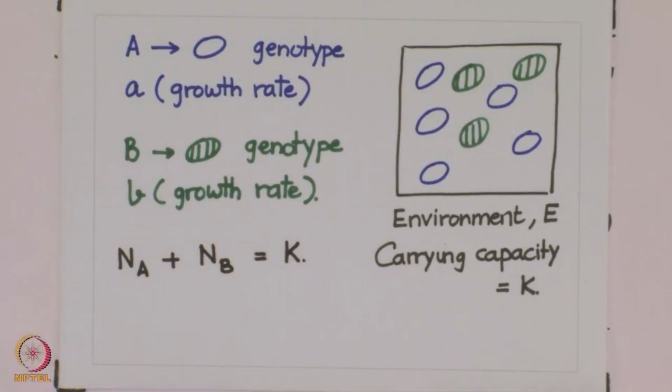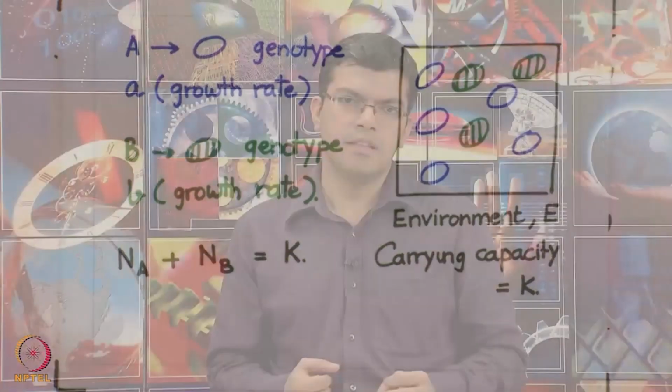The basic tenet of selection is based on competition, that there is resource limitation and individuals are vying with themselves for the limited amount of resources which are available in the environment, and those which are better adapted to the environment take more advantage and grow further, their numbers increase further in the environment, and those individuals which are less suited to survive in that environment get left behind and are eventually eliminated.